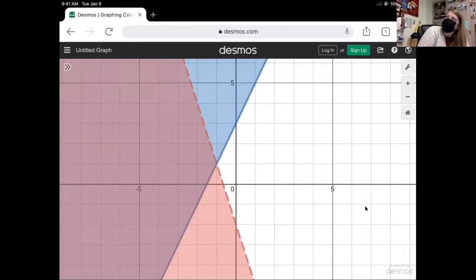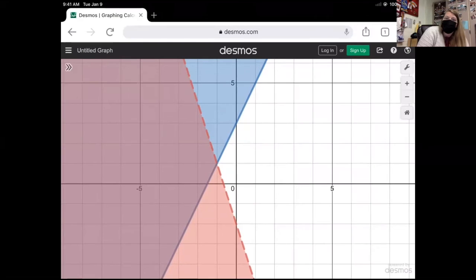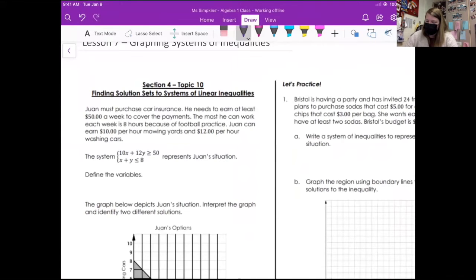So here is my graph. You can type them into your Desmos and edit them as you see fit. Change what you need to change. I want you to make two inequalities that match my two.